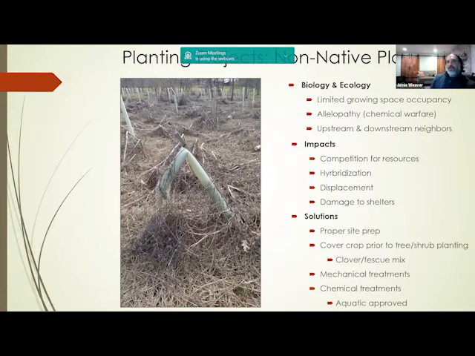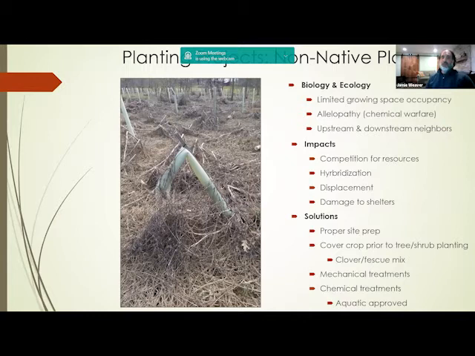And a lot of this can be addressed with some proper site prep, which is the steps taken before you even get to the point where you're putting seedlings into the ground. In areas that have been prone to invasive species, we've done chemical treatments to then install a cover crop.